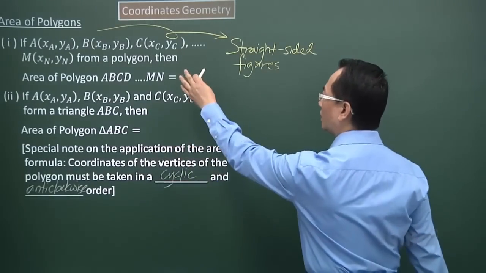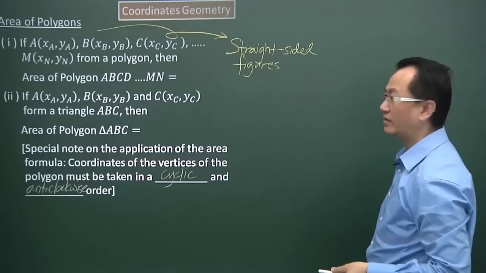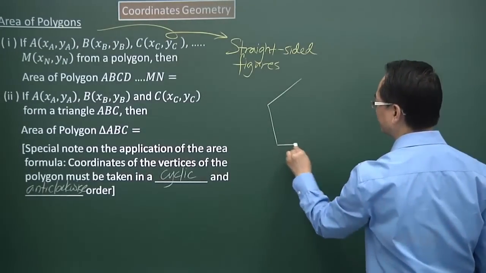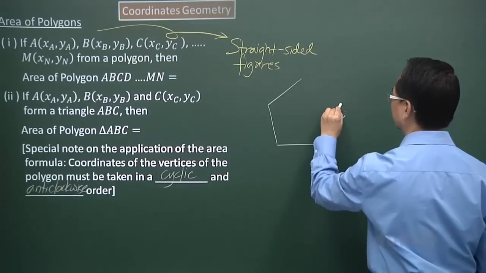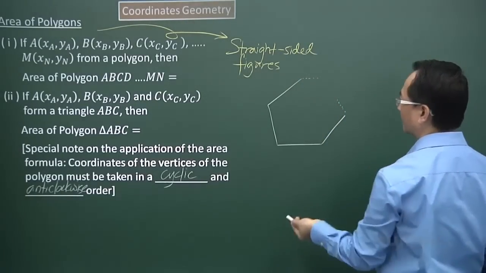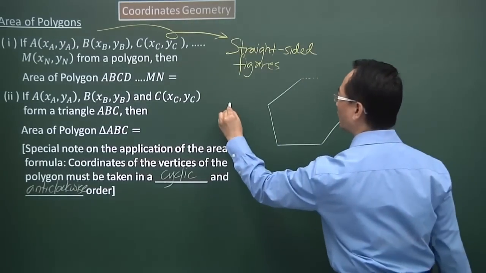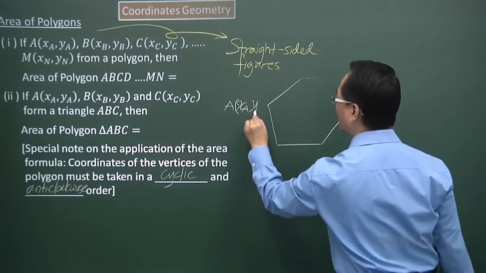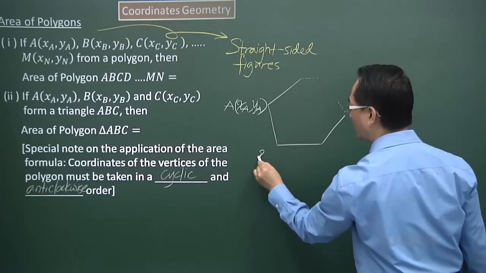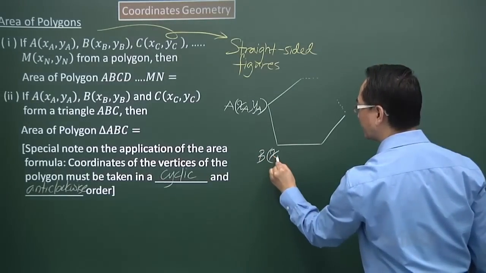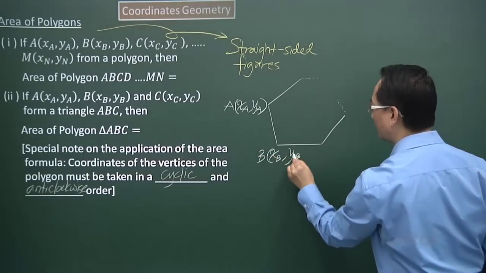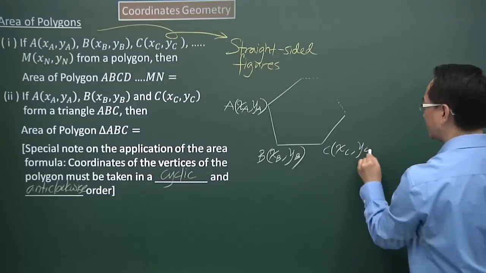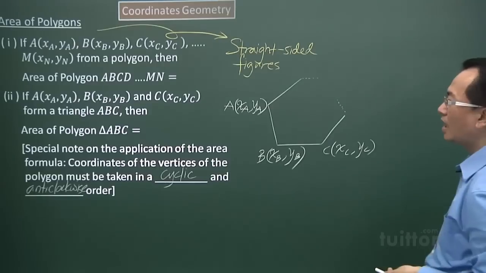Now, let's look at part 1, for instance. If I have a certain figure, there are many other sides. So the first point, point A, XA, YA, then point B, XB, YB, and I have C, XC, YC, and so on and so forth.